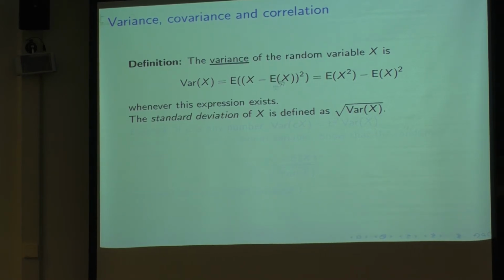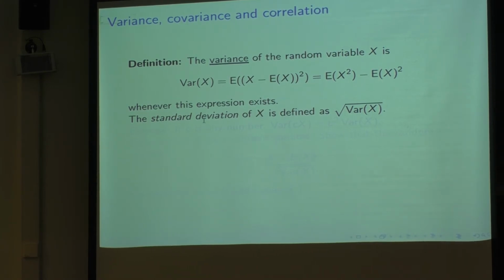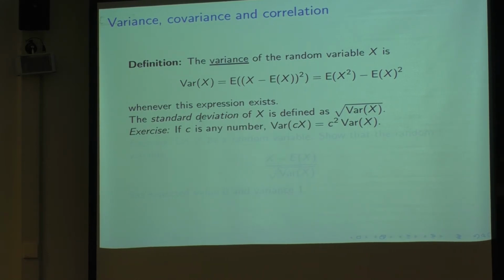And once we know what the variance of a random variable is, we can define the standard deviation of a random variable, which is the square root of the variance. Now let me give you some exercises, and go over these exercises when you go home, just to make sure that we know what we're talking about here. If I give you a random variable and a number c, and I ask you what the variance of c times the random variable x is, the answer is c squared times the variance of x.